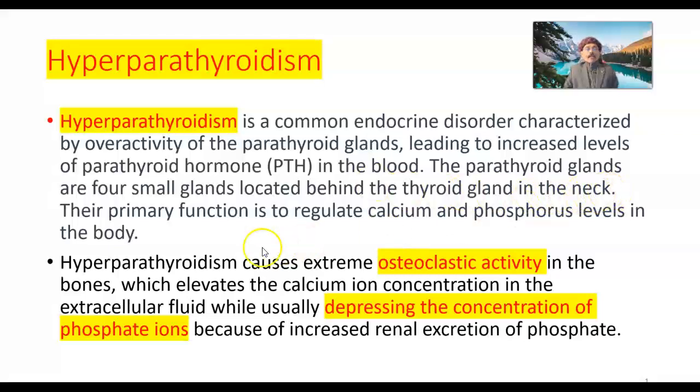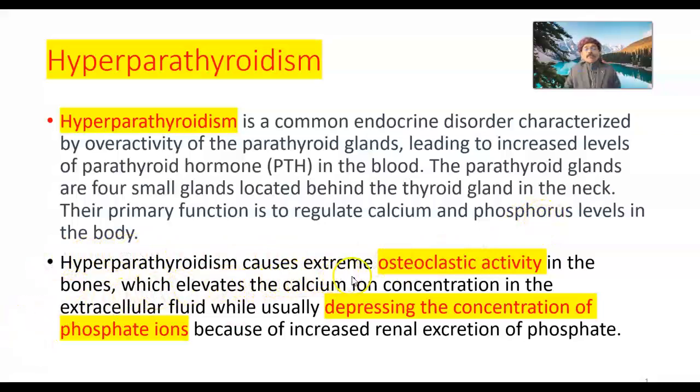The parathyroid glands are four small glands located behind the thyroid gland in the neck. Their primary function is to regulate calcium and phosphorus level in the body. Phosphorus means phosphate here.